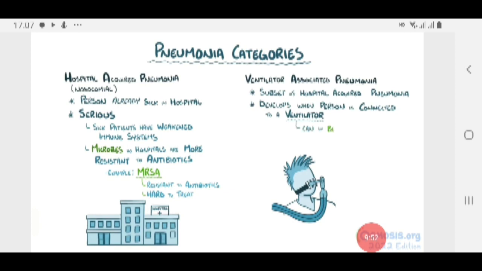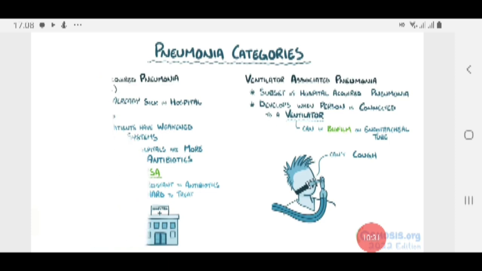Oftentimes, there's a biofilm, which is a mix of bacteria, sugars, and proteins that can coat a surface, that forms on the endotracheal tube. Individuals on a ventilator can't cough and are often pretty sick already. So over time, microbes can move from the tube directly into the lung and cause a pneumonia.